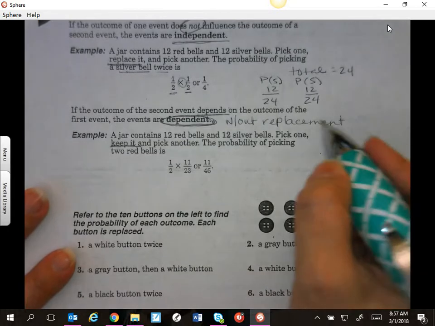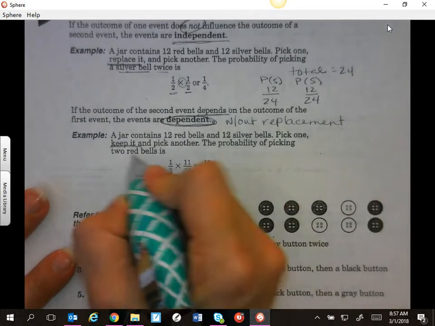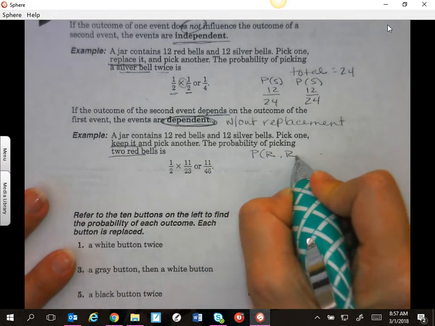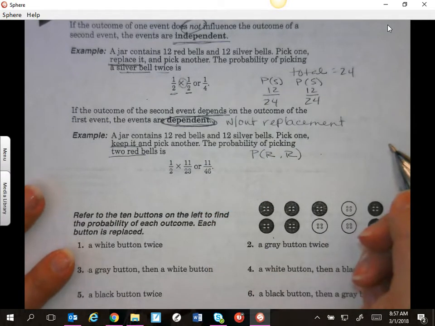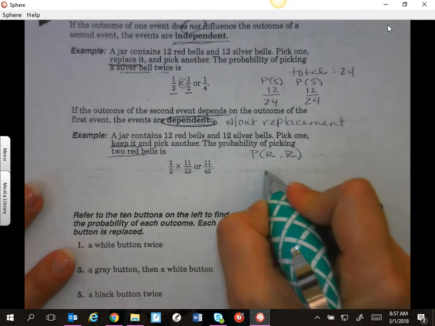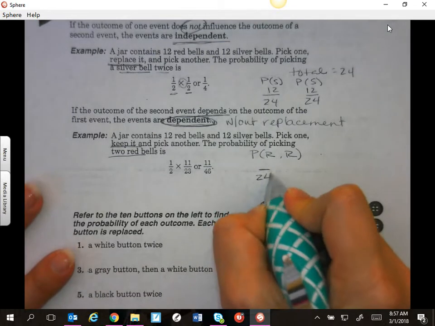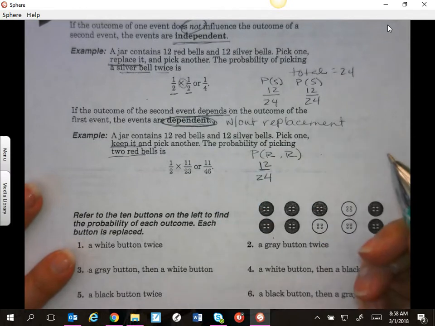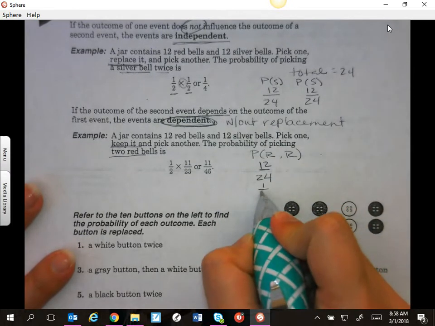So we want the probability of 2 red bells. So probability of red and the probability of red. Well, when we pick the first time, there are 24 total bells with 12 red in the bucket, which is where we get the 1/2.